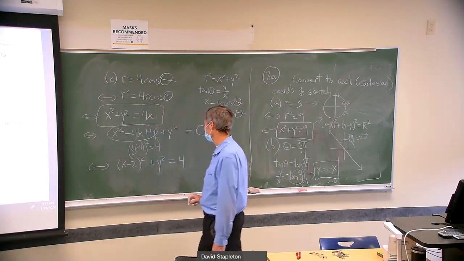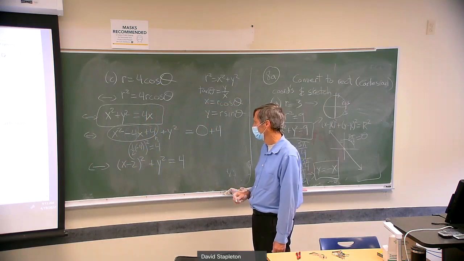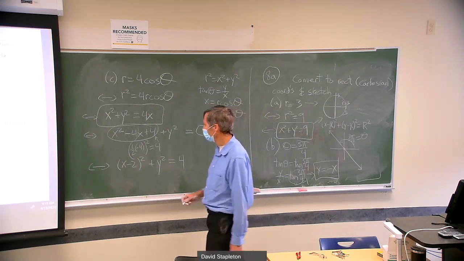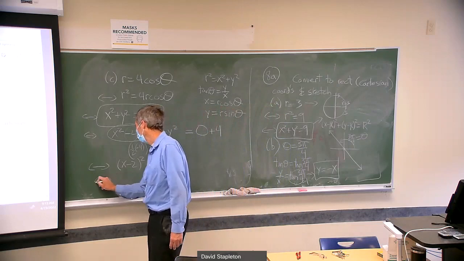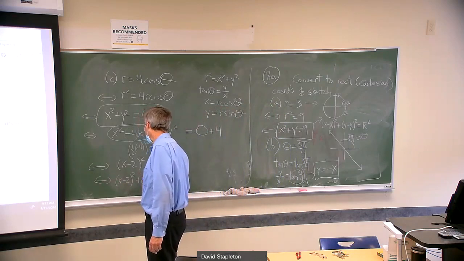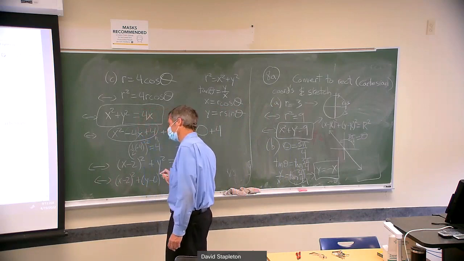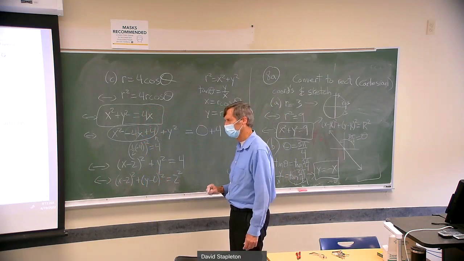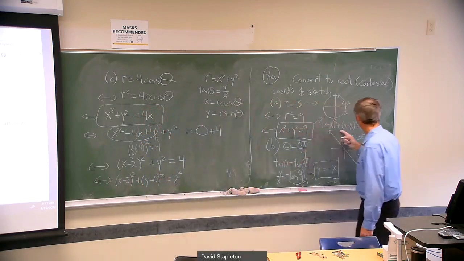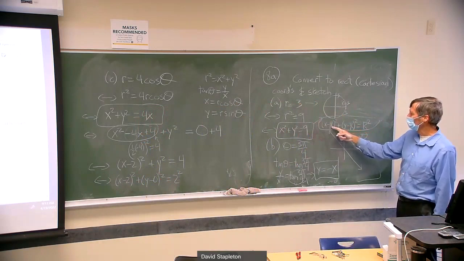And what's that an equation of? If you think about it, that's x minus 2 squared plus y minus 0 squared equals 2 squared, the standard equation for a circle.